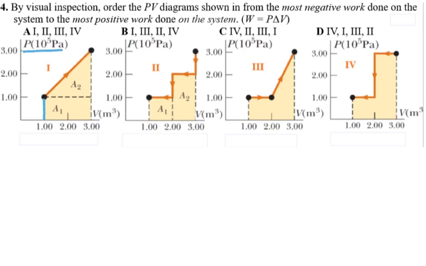this one is in atmospheric pressures and meter cubed. So I have 1 by 2, so that is 2, and then I have 1/2 the height, which is 1, times the base, which is 2, so that is also 2.